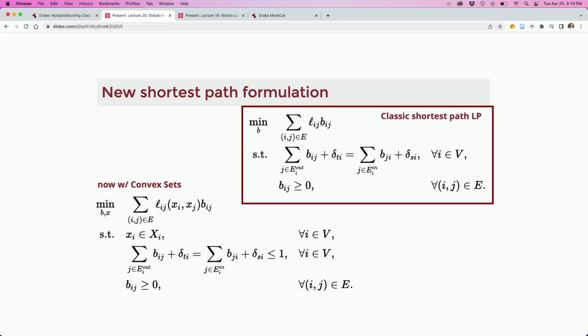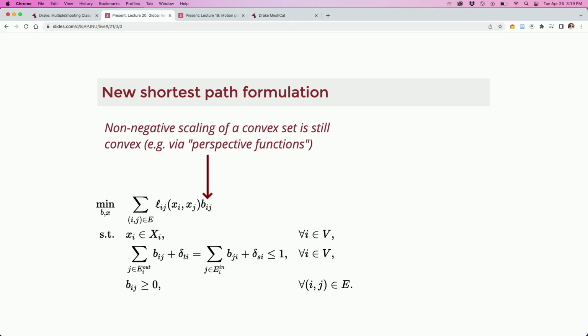So a convex set, or a convex function, convex set is the easier word to think about, times a non-negative scalar is still a convex set. So it becomes the perspective, they call it, of that convex set. Okay, so we can still treat that nicely, because we know that b is non-negative. So the non-negative scaling of the convex set is still a convex set.